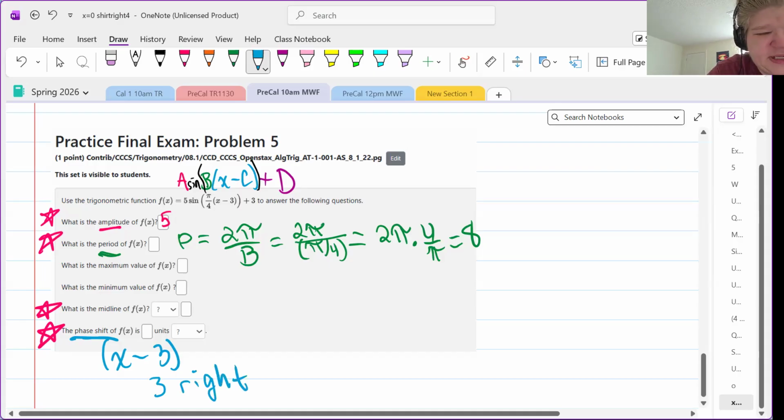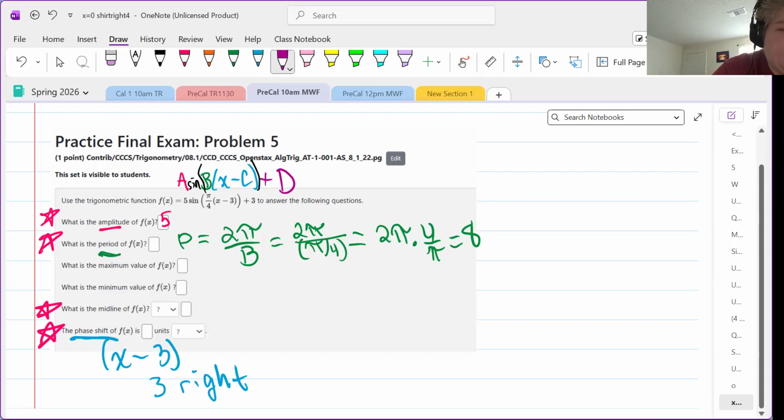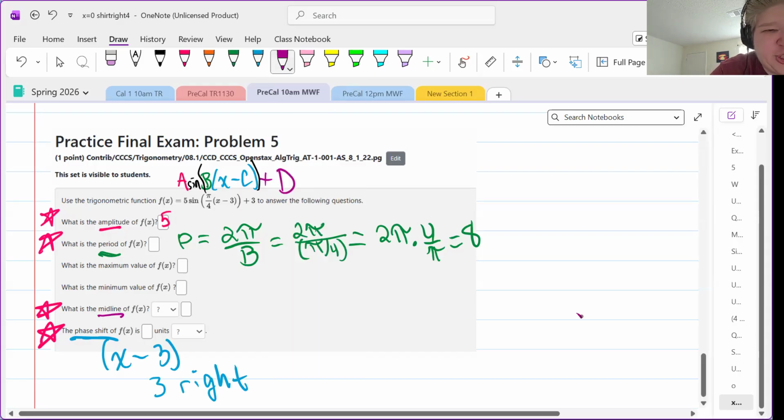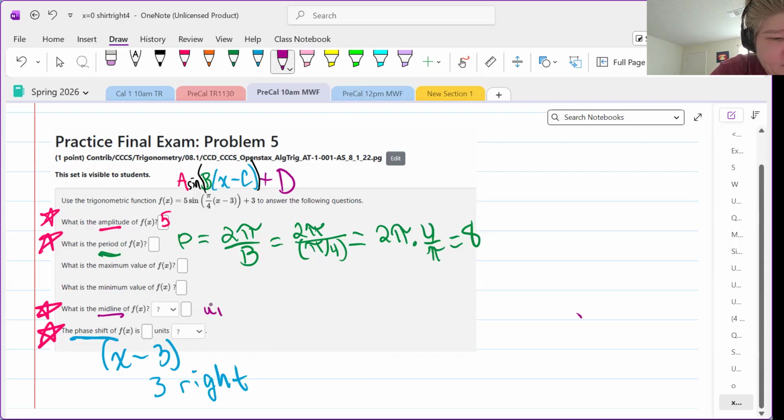So our phase shift is going to be 3 units right. And then it is going to ask about the midline, which is an equation, but the midline comes from the vertical shift. So this graph is going up 3. So that means the midline equation shifts from y equals 0 to y equals 3.